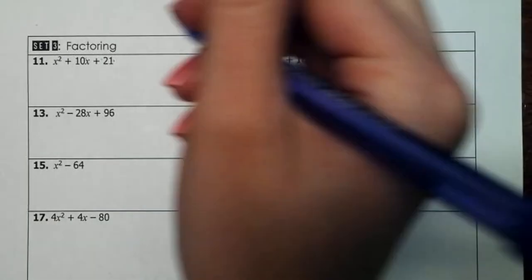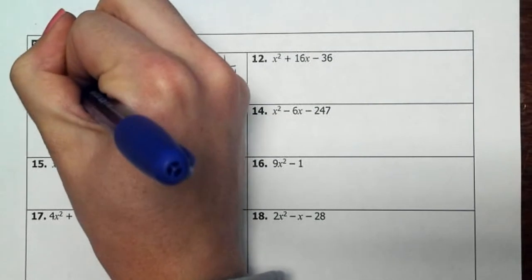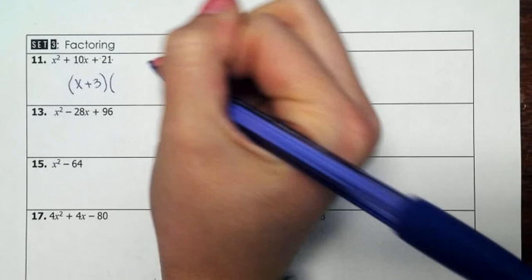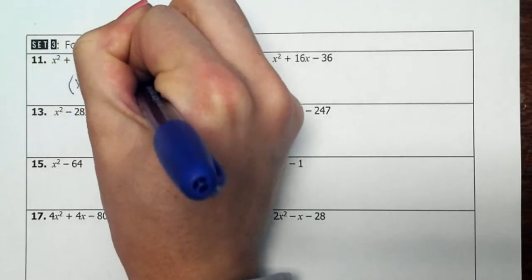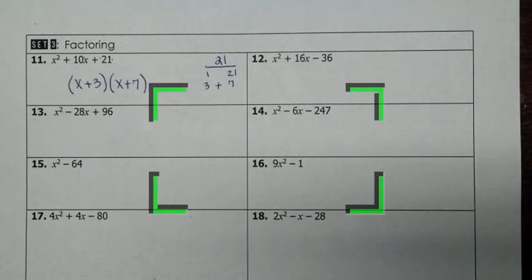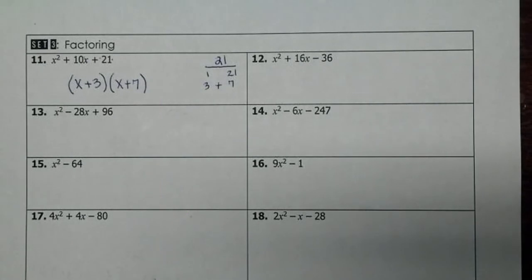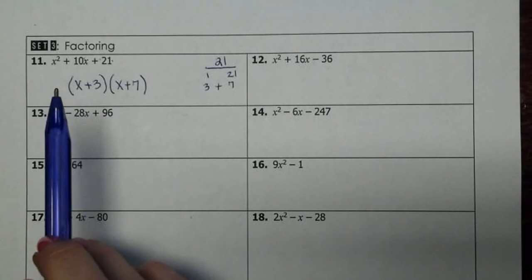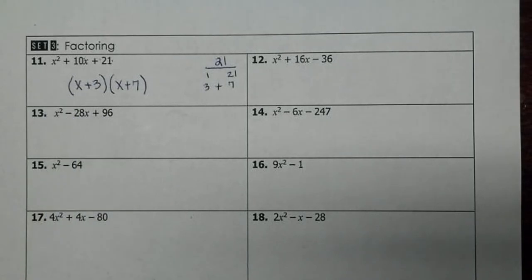So your factors are going to look something like this. x plus 3 times x plus 7. Okay? When you FOIL that out, it will give you this equation right here. So you're working backwards from what we were doing on the front page. So let's try a few more of those.